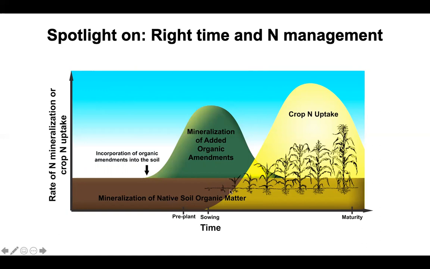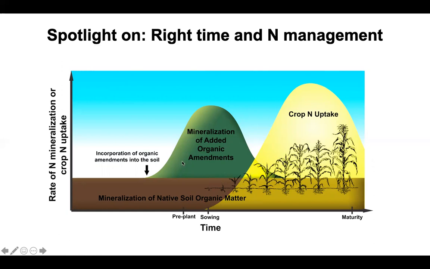So as the plant gets bigger and bigger and it needs more nitrogen and its roots are able to take up that nitrogen, only a little bit of those inputs are able to actually become plant available at the right time. So you see here, just this tiny little area, the amount of overlap between these two curves, is what ultimately becomes taken up by plants.